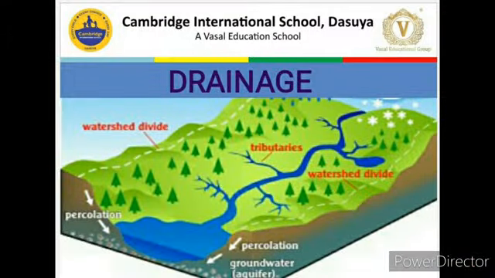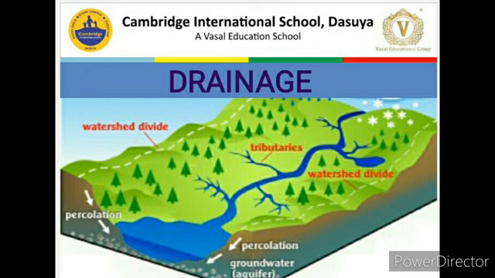Basically, drainage involves the study of rivers. There are two terminologies associated with rivers that I am going to use. First is tributary and second is distributary. You should all know the difference between tributary and distributary.